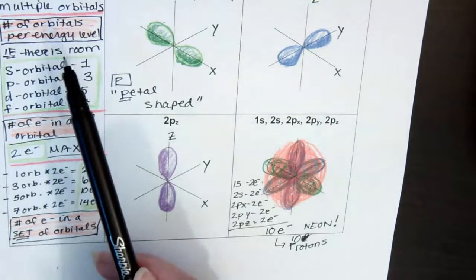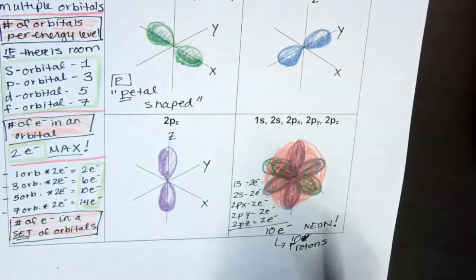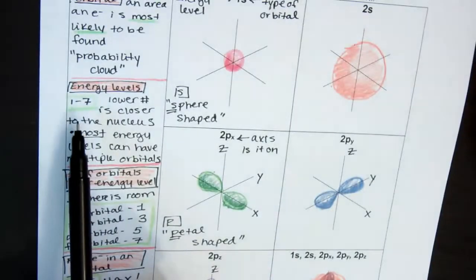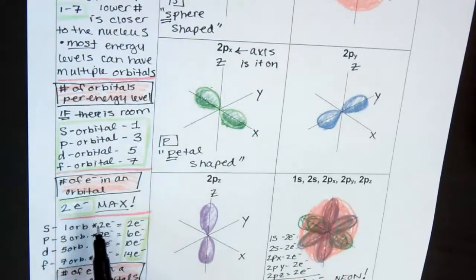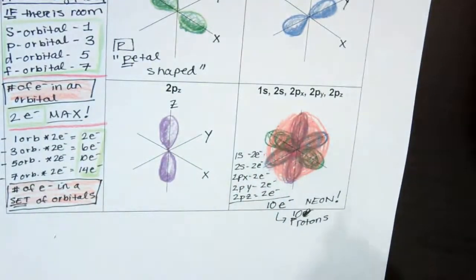Only S and P will I ask you to draw because those ones are reasonable to draw. They get crazier and crazier, bigger and bigger, more and more complex. But really, we can break it down into the fact that we're going to have 7 energy levels, 4 different shapes, 2 electrons at a time, and at the end, it looks like a big brown blob.